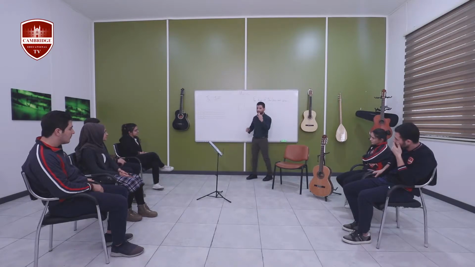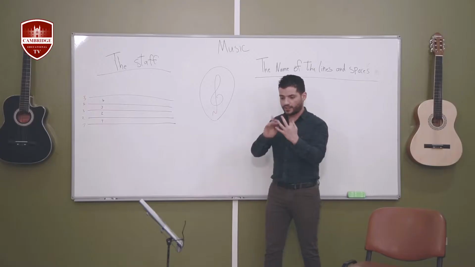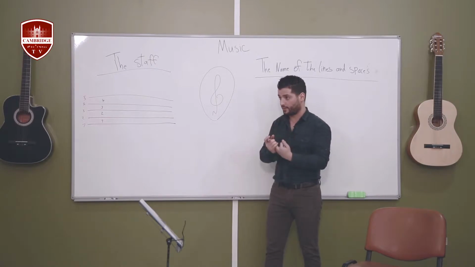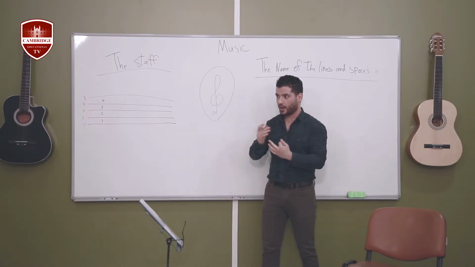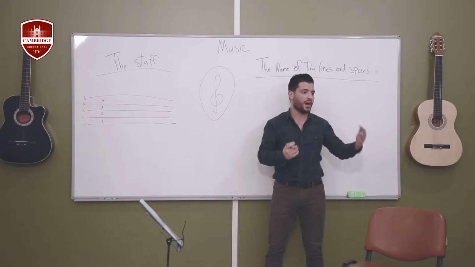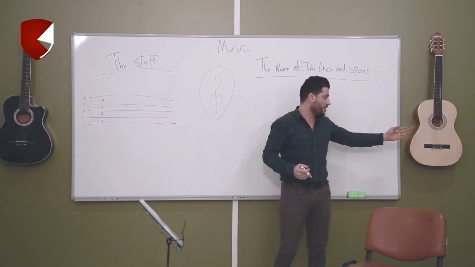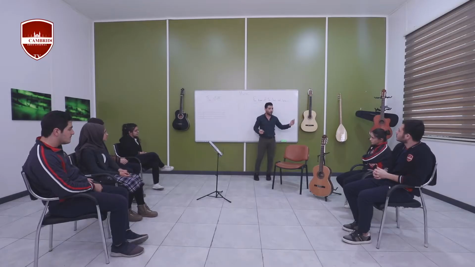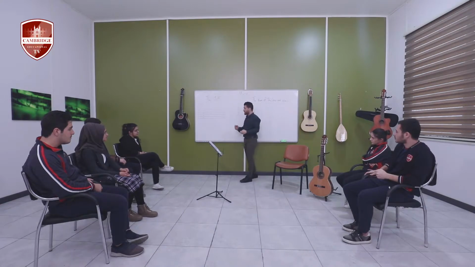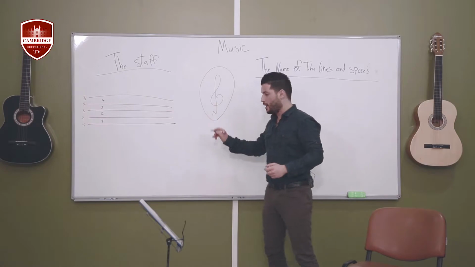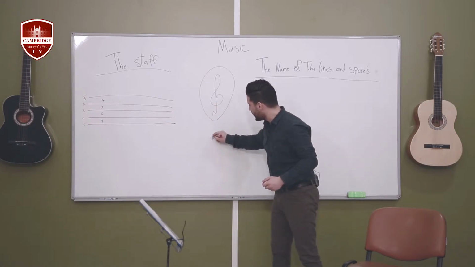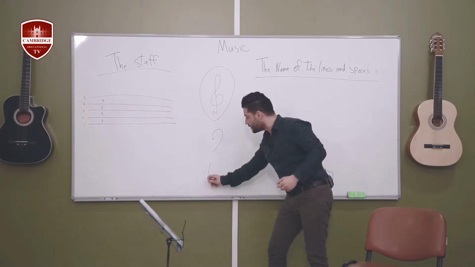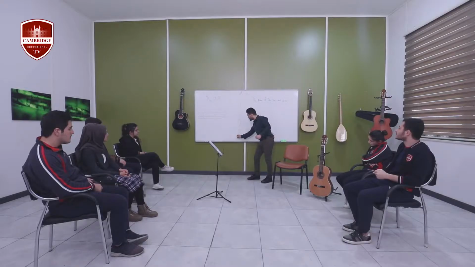In music, we have 3 keys, divided by instrument. We have a lot of instruments. We start from the guitar and end up with the violin, we have drums, saz, contrabass, piano. Each instrument has a key. The first is called the treble clef, which is written like that.